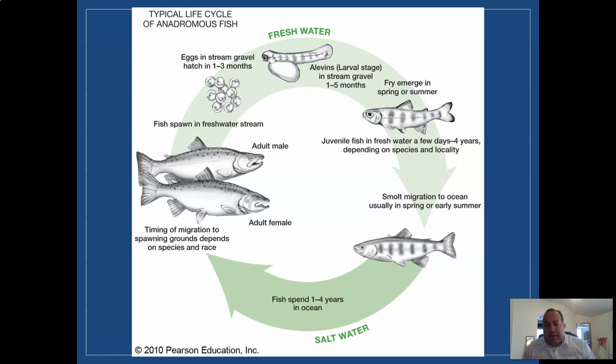Those eggs then become fry, and so then they'll spend anywhere between a few days and 4 years still in the freshwater. They will eventually then work their way to the salt water. They'll spend 1 to 4 years in the ocean, work their way all the way back to the stream that they were born in, find a partner, reproduce, and then die.